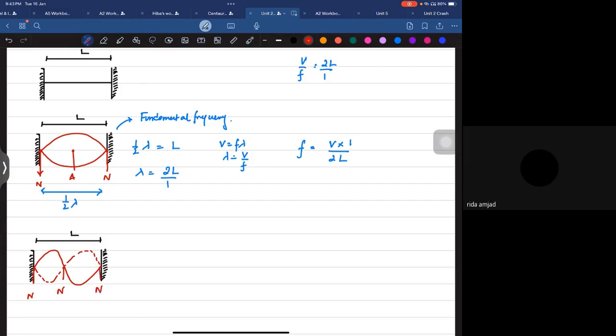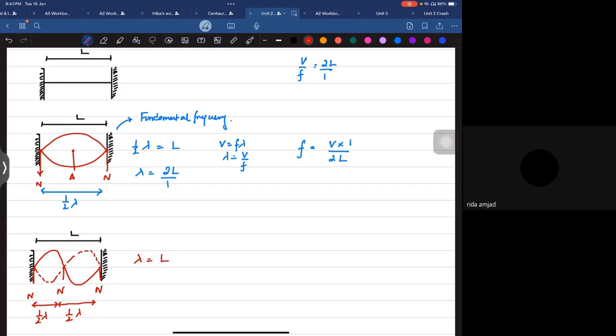This is also the node. What distance would that be? Node to node is half, so it's going to be a full wavelength. It looks like a full wave, right? So in this one, lambda is equal to L.